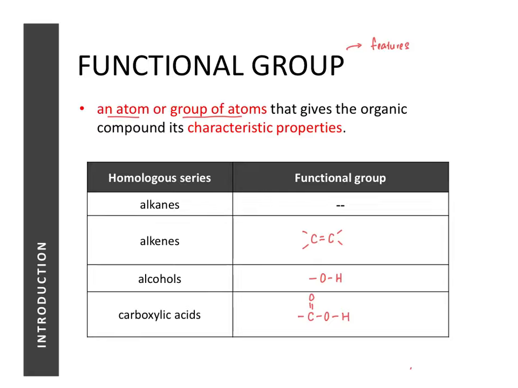One last time, if you see a compound with COOH, it means that it belongs to the carboxylic acids functional group. To quickly recap, alkenes contain the carbon-carbon double bond functional group.